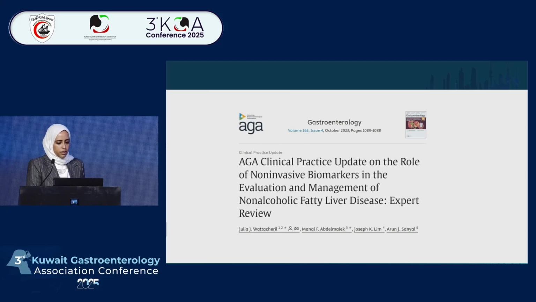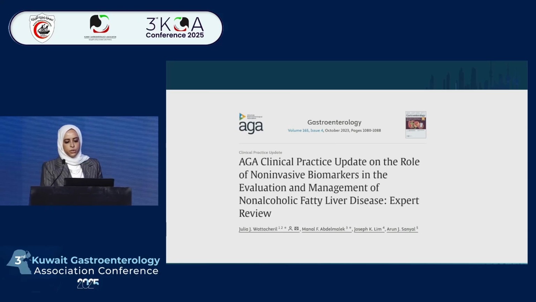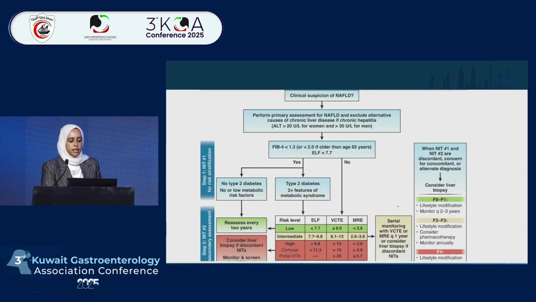So this is one of the guidelines that I'm going to use today. And this is a beautiful summarized algorithm that simplifies all the talk into one slide. So when we have a patient that we're suspicious of NAFLD, or now it's called MAFLD, when you have a high clinical suspicion that this patient might be at risk of having MAFLD, we do the simple FIB-4 score.